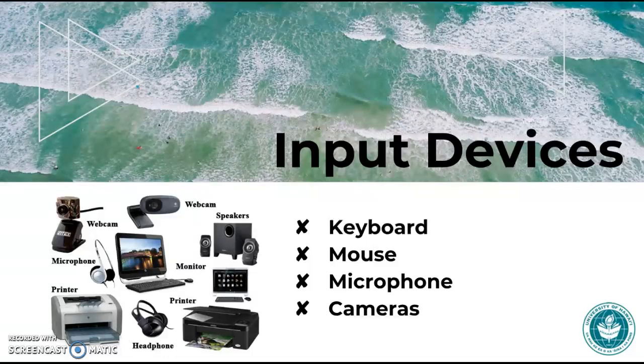Now, for traditional desktops, commonly included input devices are a keyboard and a mouse. Some desktop computers also include a microphone and a webcam, although not all desktop computers come with an embedded microphone and webcam.